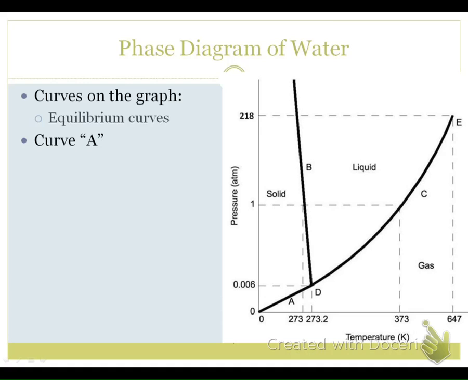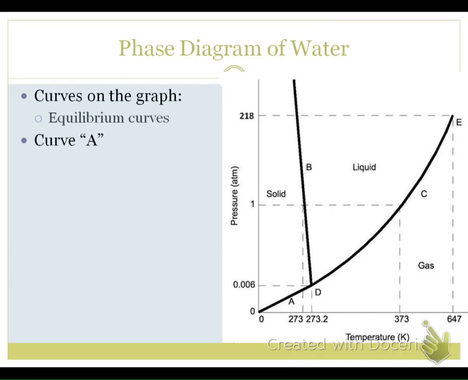Let's look at curve A first, which starts from the base and goes up to the triple point. It's right here. Which two phases are on both sides of this curve A? Solid and gas, right?